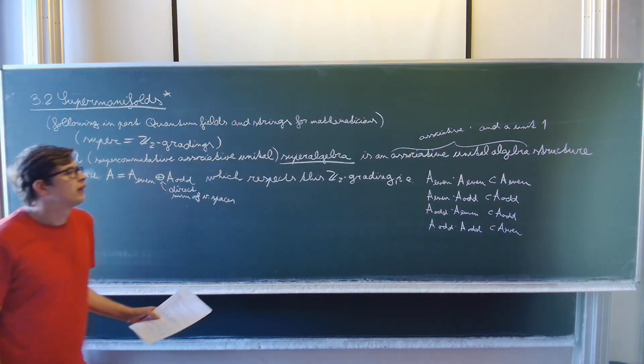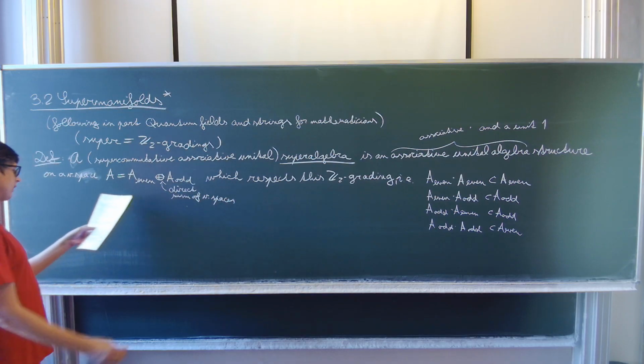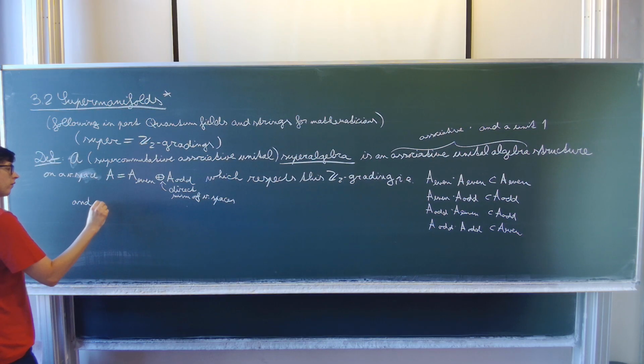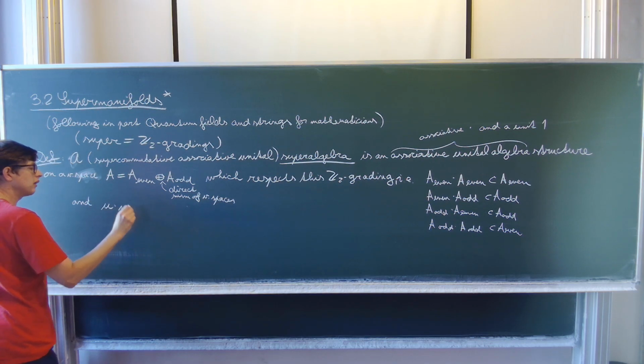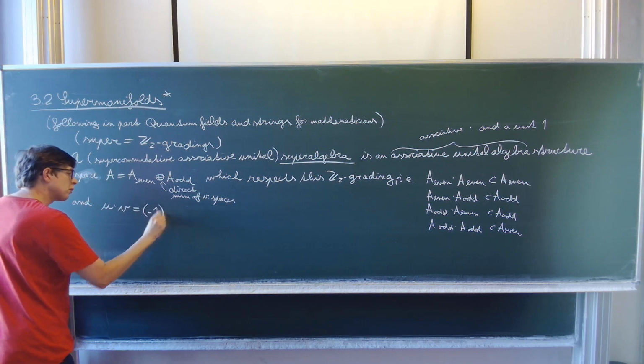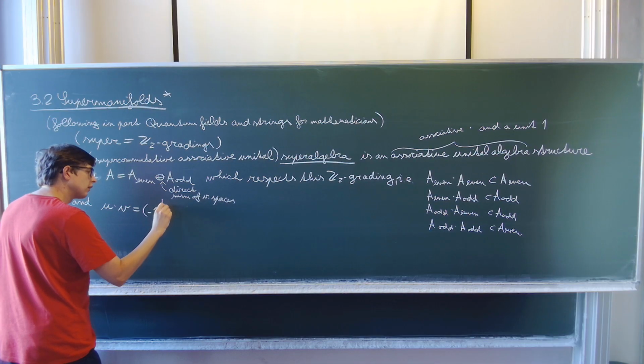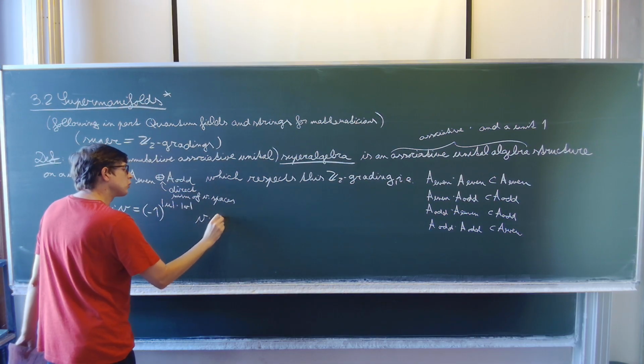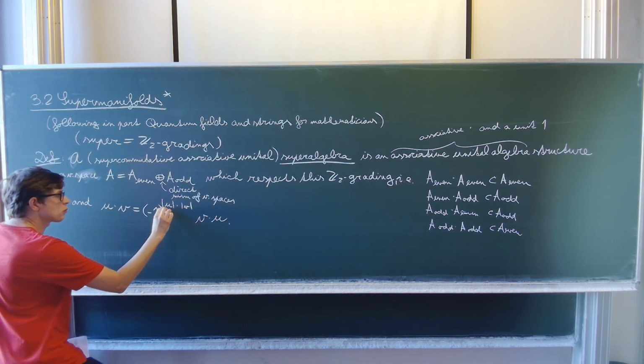Okay, so I want this multiplication to respect this, and now I have to address the supercommutativity. So u times v, I want it to be (-1) to the parities, times v times u.